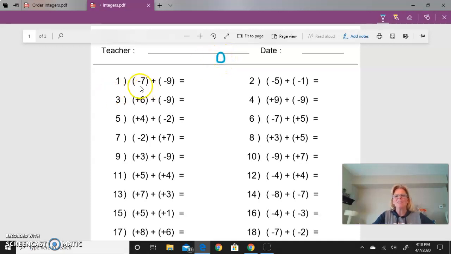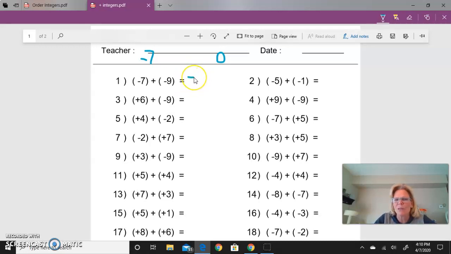Okay, so if you have a -7, so you're over here, you're at -7 on this side, and we're going to add 9 more negatives. So it's going to get colder. So we're going to go this way 9 more steps. So where would we end up with? -7. If you have a number line, you could step it off or just count it yourself.